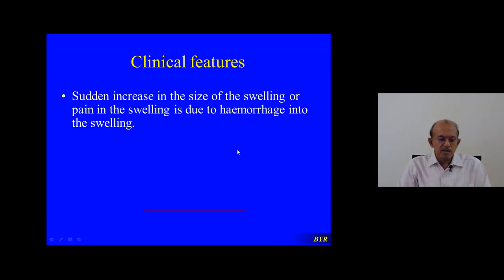If there is a previous history of nodule, the nodule was there for the past 10 years. Suddenly she developed an increase in the size with severe pain associated with dyspnea or stridor. What do you do now? You are in the OP, outpatient.